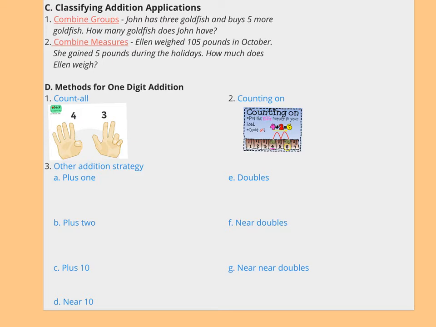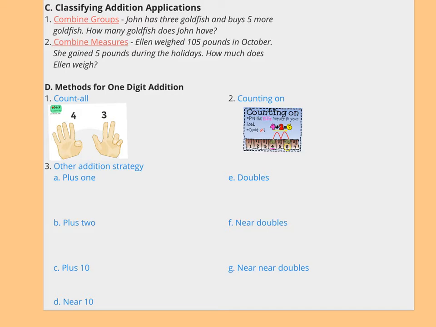So just remember, with the application problems, we want to be sure we're exposing students to both types of addition applications. In the early grades, when students are learning one-digit addition, they're going to learn a variety of strategies. In preschool and kindergarten, students typically count all. So if they have objects that they're trying to combine, they would just put all the objects together and count them all.